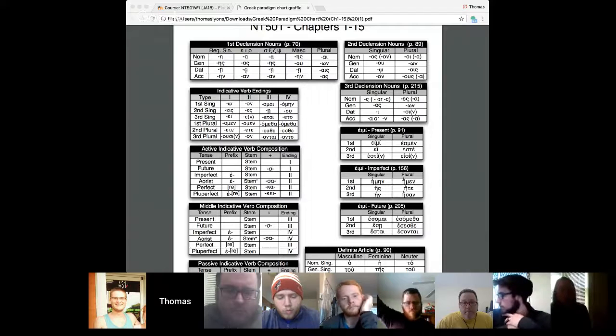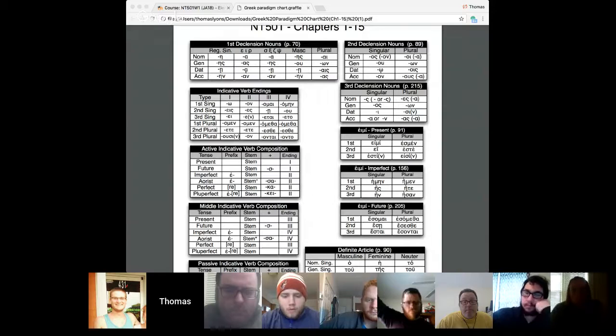Technically, those type 2 endings have an alpha class version connecting vowel. If you wanted to add another column, you could do that, on the other side of the 4, like a 2 alpha, and do those alpha class endings. I haven't done that because I'm trying to keep this as simplified as possible, but because it's simplified, it's non-exhaustive.